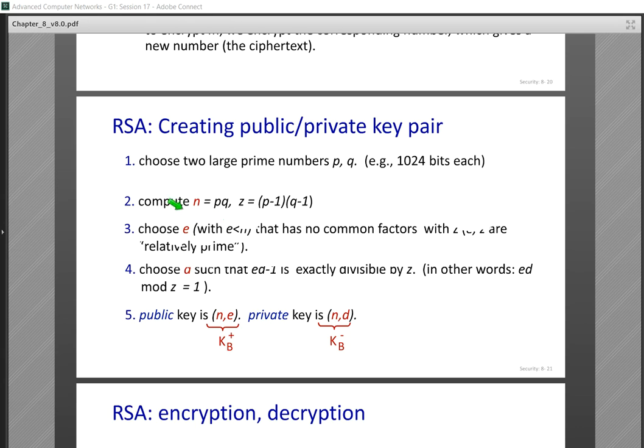If you find those parameters n, p, q, e, d, and so on, I can say that my public key is this, n and e. And my private key is this, n and d.